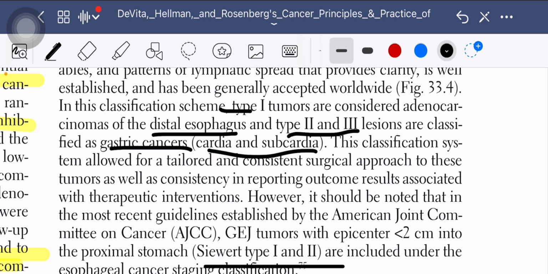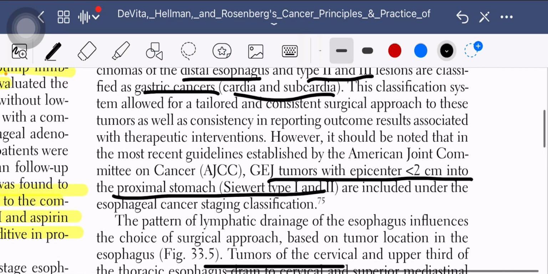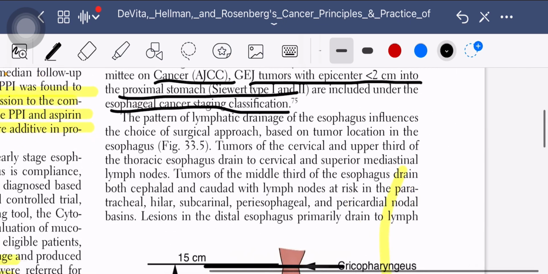It should be noted that in the most recent guidelines established by AJCC, GE junction tumors with epicenter less than 2 cm into the proximal stomach, that is Siewert type 1 and 2, are included under the esophageal cancer staging system. This is according to the new AJCC.